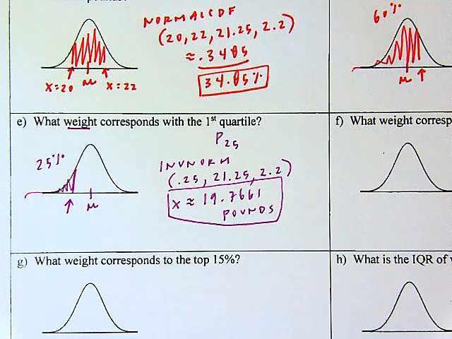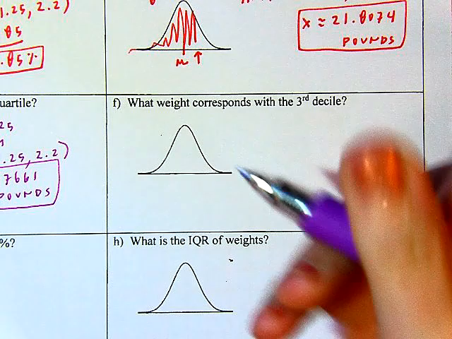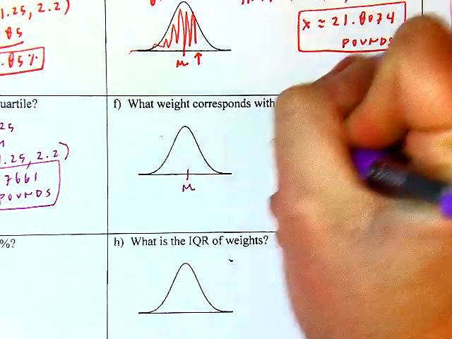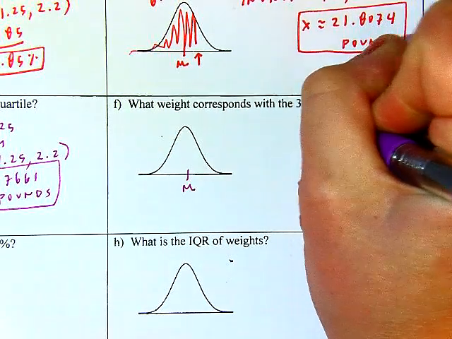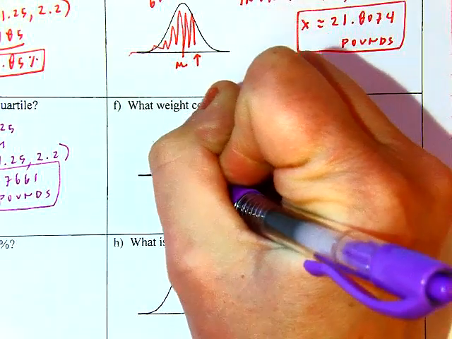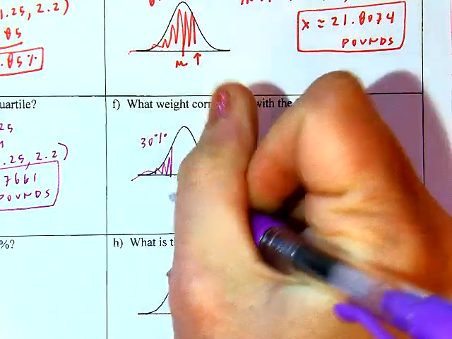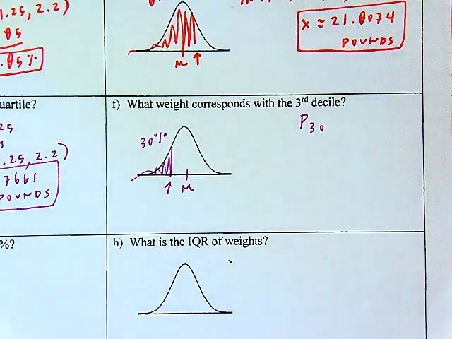Okay, let's see. Next one. How about third decile? So third decile is going to be the 30th percentile. So I'm looking at 30% here to the left, that lower left-hand tail. And I'm solving for the observation that goes with that.